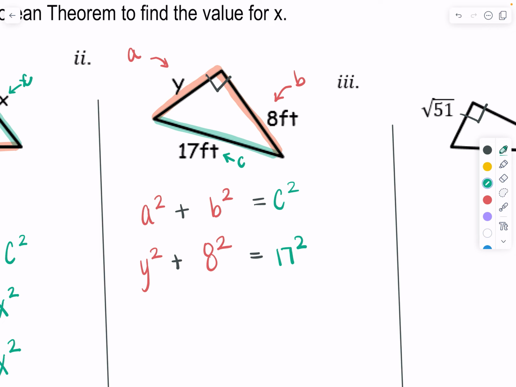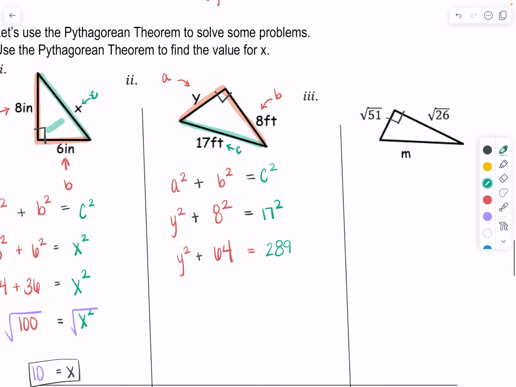All right, let's simplify the numbers. So 8 squared is going to give me 64. Carry everything down over here. And then 17 squared is going to give me 289. All right, so now I'm trying to get Y by itself.